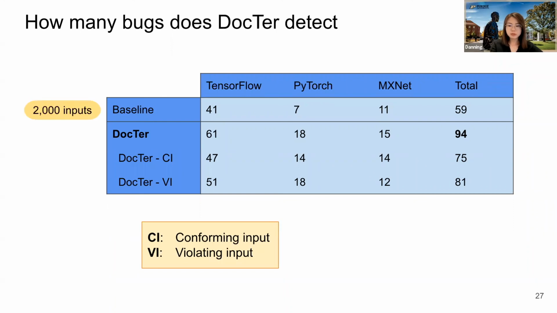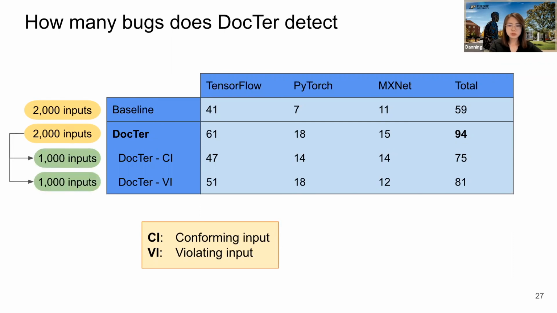We generate 2,000 inputs for the baseline method and 2,000 inputs for DocTer. Among the 2,000 inputs for DocTer, 1,000 of them are conforming inputs, and 1,000 of them are violating inputs. We set the conforming ratio to 50% based on a study on a portion of sampled API. The details can be found in the paper.